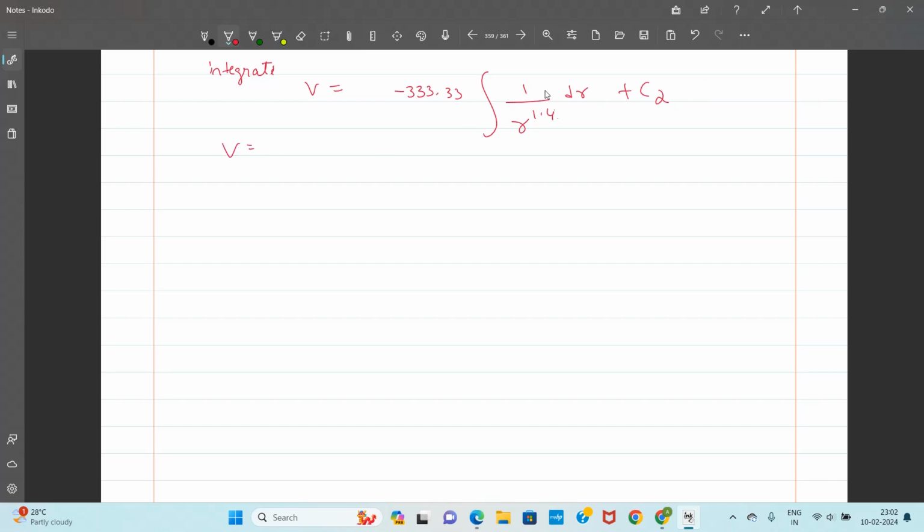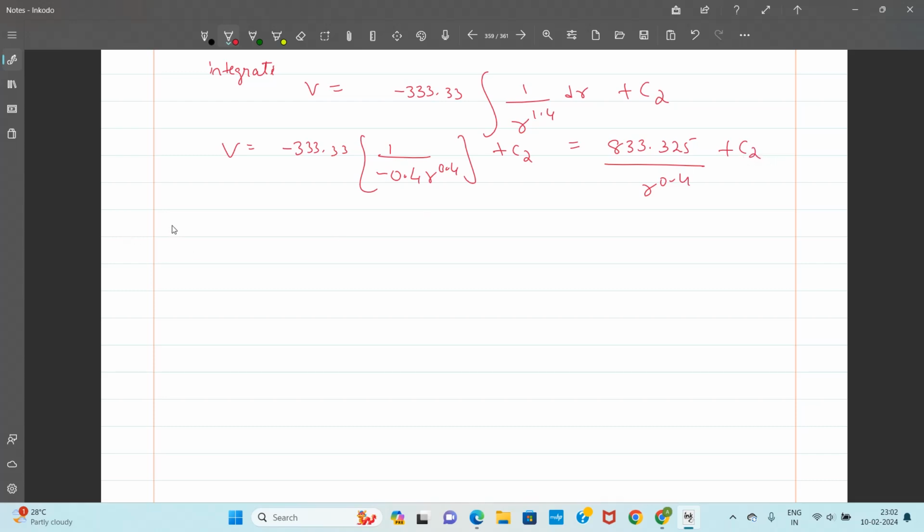If you do the integration of this, you will get minus 333.33 times R power minus 1.4 plus 1, so it is 1 by minus 0.4 into R power 0.4, plus C2. If you do the same procedure as for the first integration, minus and minus becomes plus, and 333.33 divided by 0.4 is going to be 833.325 divided by R power 0.4 plus C2.